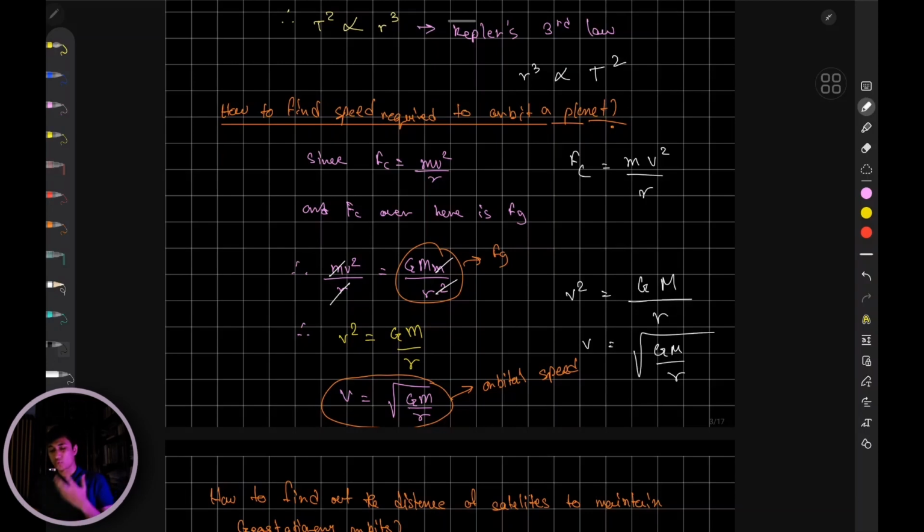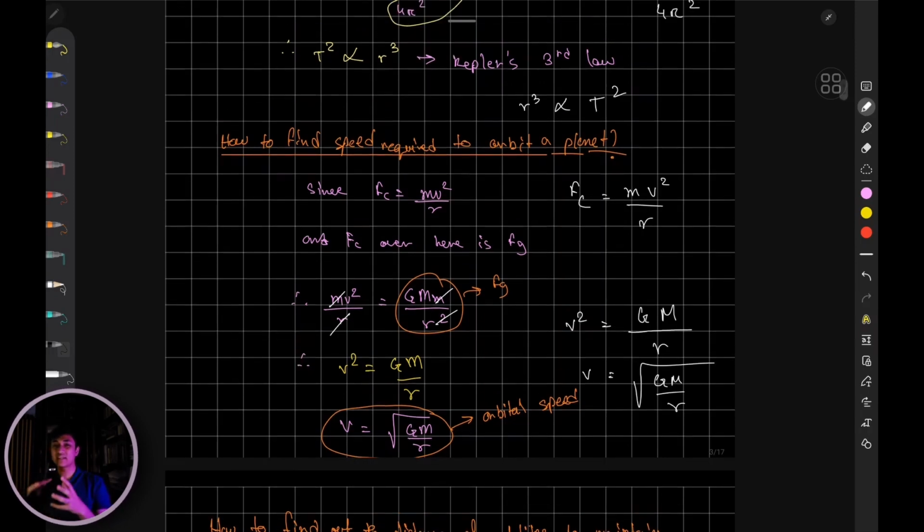So what we now understand is if you want to find the velocity of the Moon, you have to know the gravitational constant, which you already know, the mass of Earth, which you might know if you just search, and the radius, that is the separation from the Earth's center to the Moon's center. If you know that separation, you can find the velocity at which the Moon is traveling.